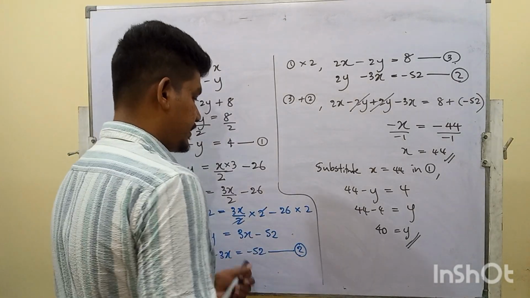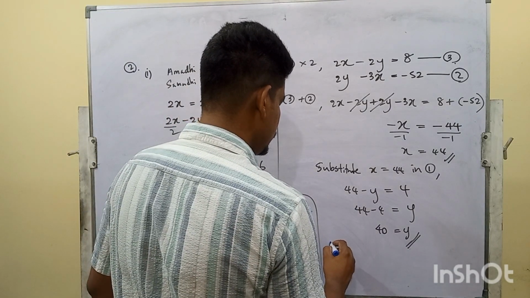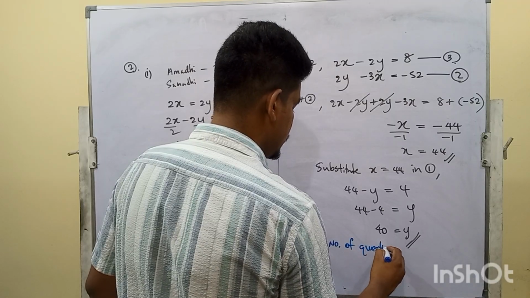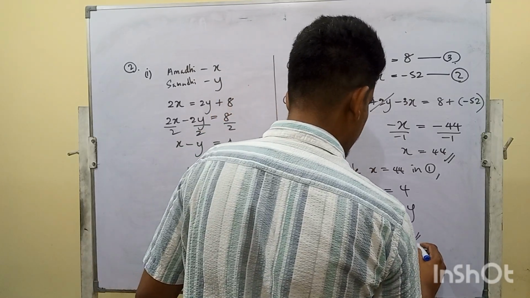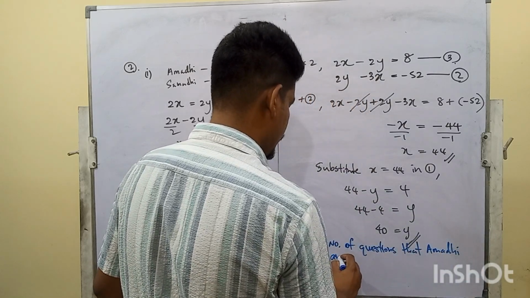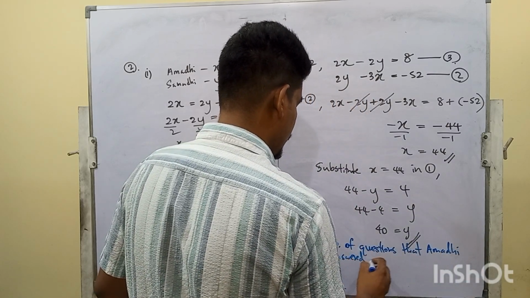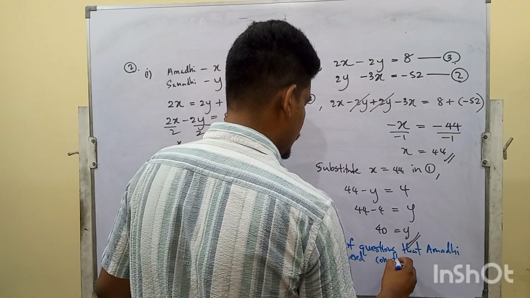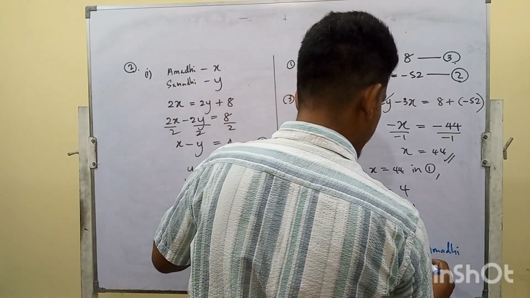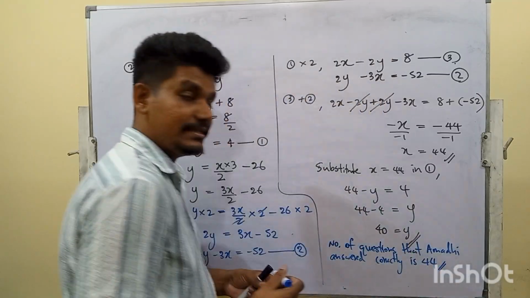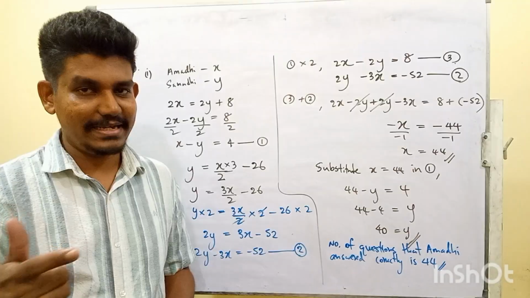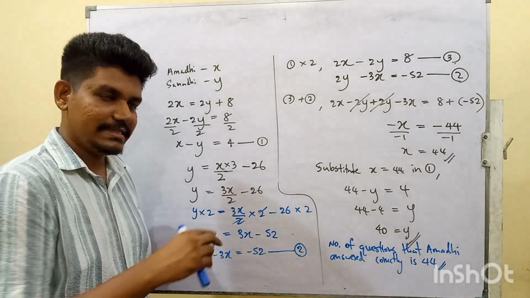Okay, then I'm going to write that the number of questions that Amadi answered correctly is, how many questions were there? 44, right? We have to write the statements again after finding the values. Sometimes, here there are no units, no?